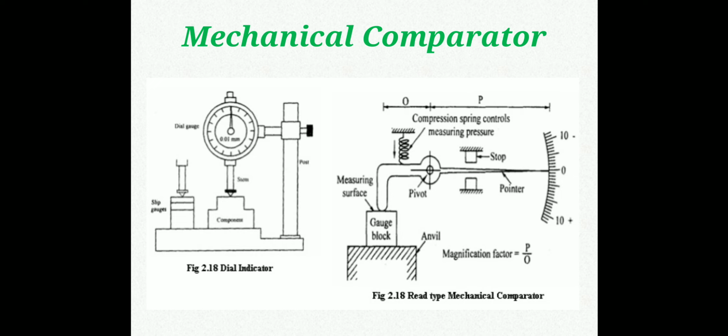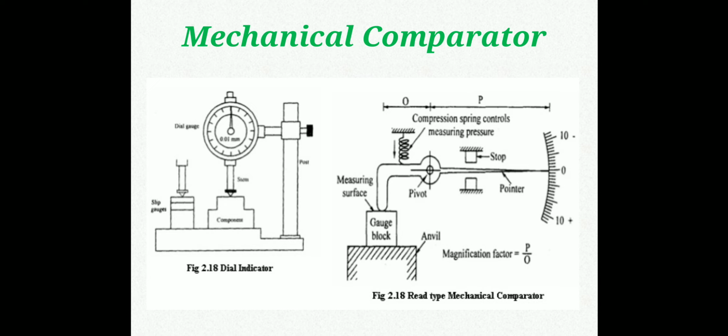Now the standard workpiece is removed and the workpiece to be measured is placed on the table. It will read as plus or minus in reading. By measuring the difference and manipulating it with the standard dimension, the exact dimension of the workpiece is calculated.